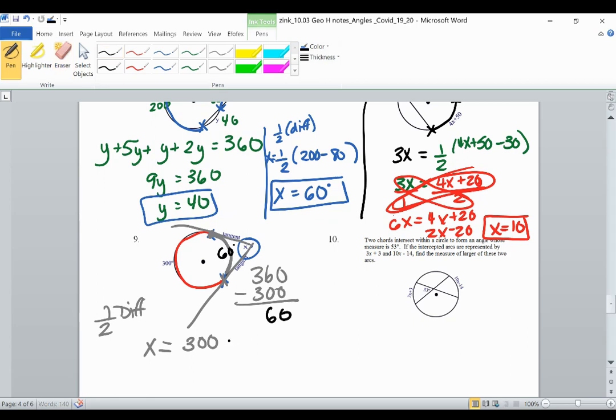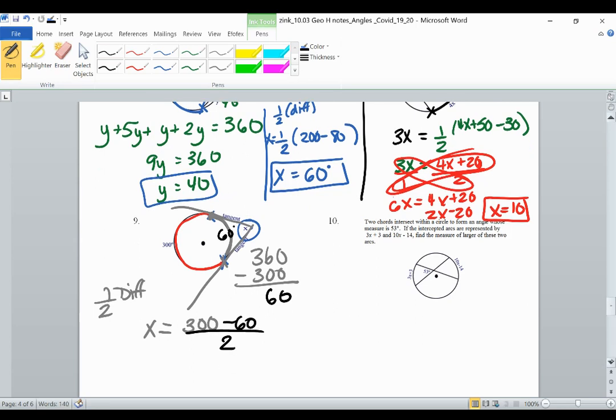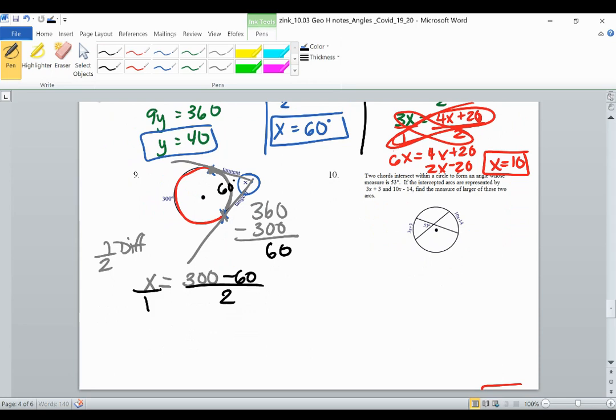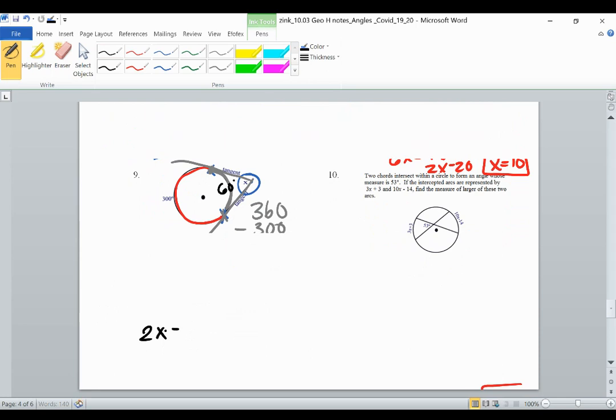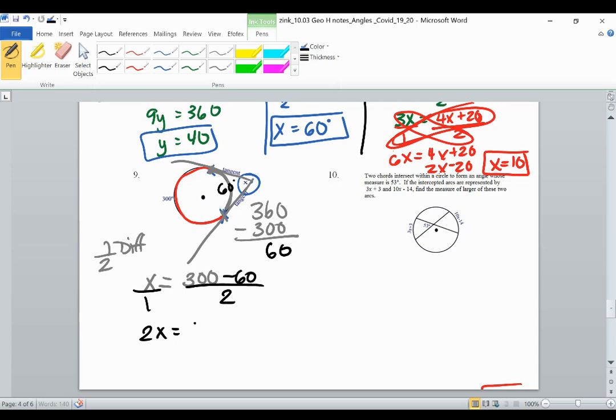So I'm going to do 300 minus 60 over 2, or times a half. Put your x over 1, cross multiply. We get 2x, or multiply both sides by 2. 300 minus 60 gives us 240. Divide both sides by 2, and x is 120. Or actually, this one, just as easy here. I'm not sure why I cross multiplied. You could have just said 240 divided by 2 right there and gotten the 120. I made it a little bit more complicated.